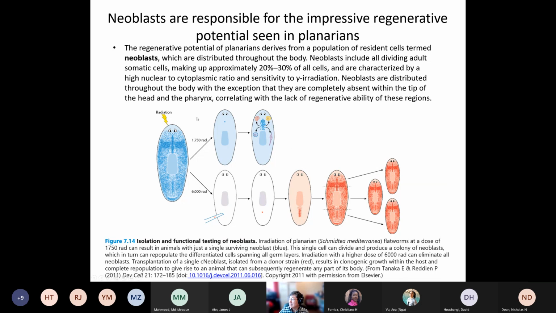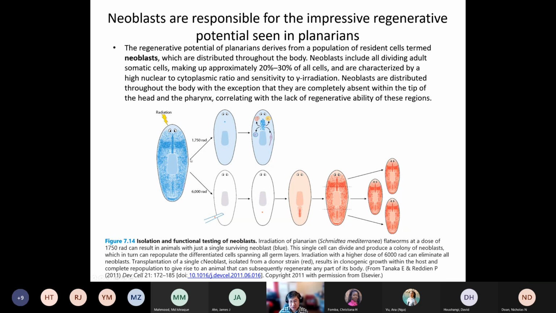Basically, you can use gamma radiation. As long as you have an irradiation source, you can give some dose of irradiation based on your experiment design. So you can have a low dose or high dose of irradiation.